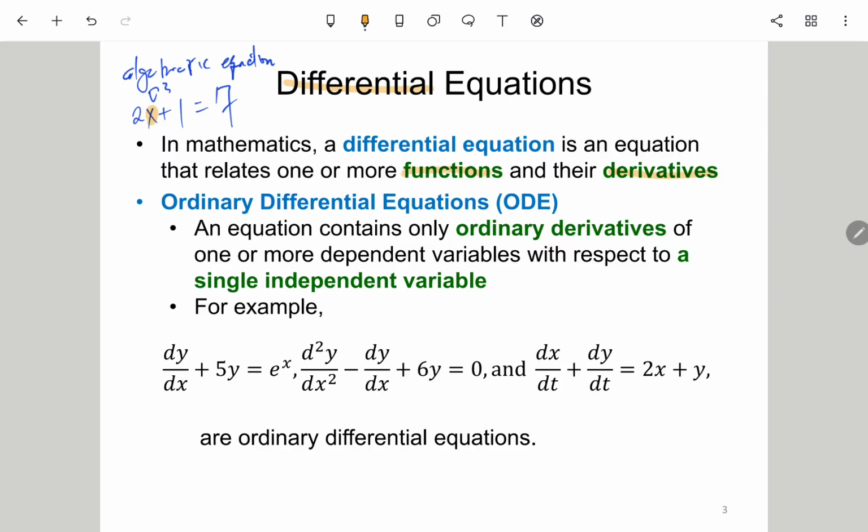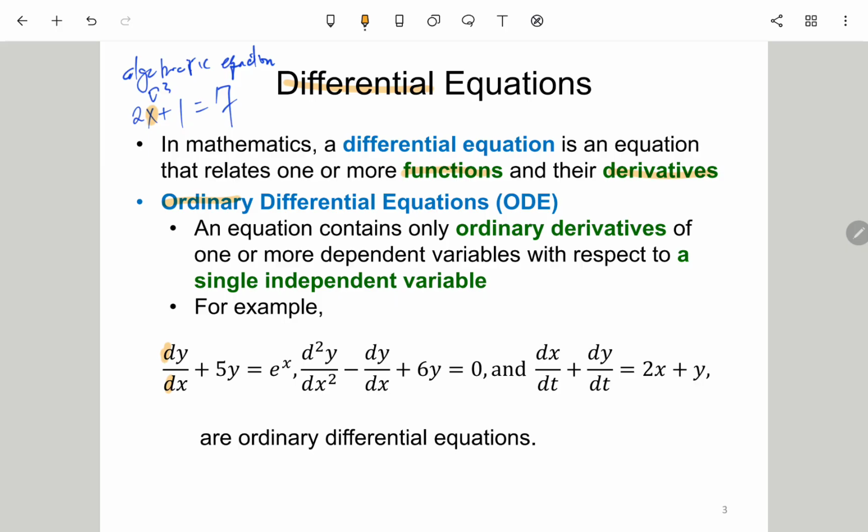Okay, and then first we will talk about ordinary differential equations. So ordinary differential is nothing but this d. When you learn calculus, you have something like dy dx or dx dt, depending on what the independent variable is.